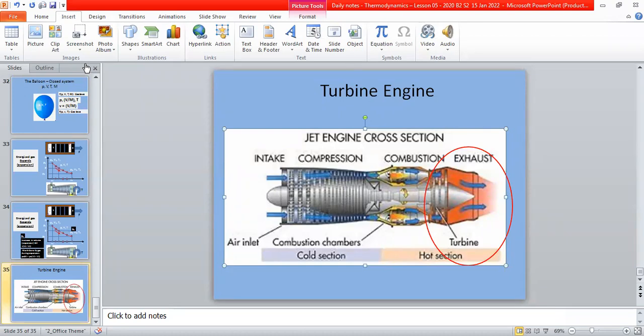Aircraft engine, true, but the same turbine engines we use for power generation.